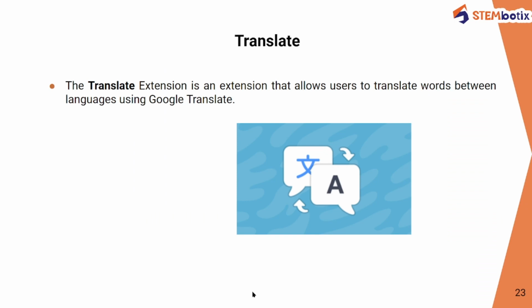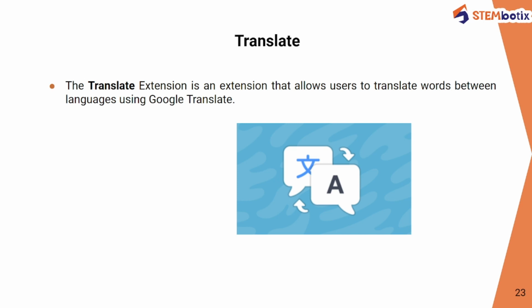This translate extension is enabled when you select it from the add extension category. This is how your translate extension looks. The translate extension allows users to translate words between languages using Google Translate.